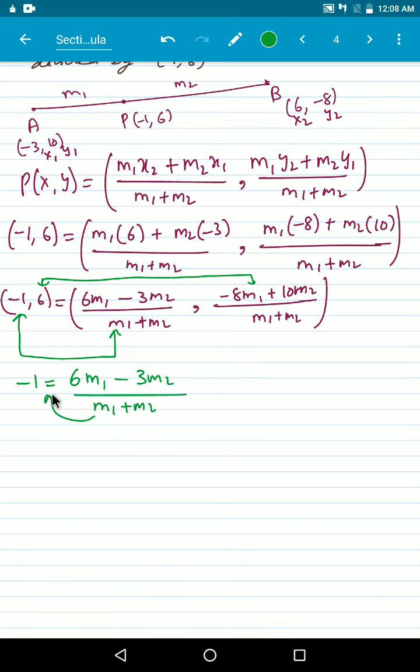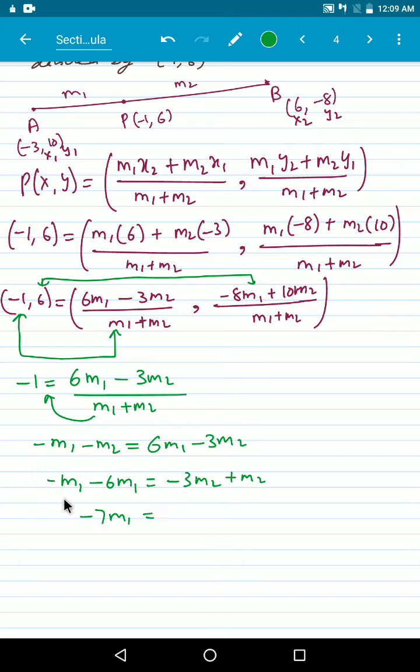Now m1 plus m2 goes to the other side, it will multiply with minus 1, so both will become minus, right? 6m1 minus 3m2. All m1 values on one side and m2 values on one side. This is minus m1 minus 6m1, this plus 6m1 went this side, 3m2 minus 3m2, this minus m2 goes to the other side, becomes plus.